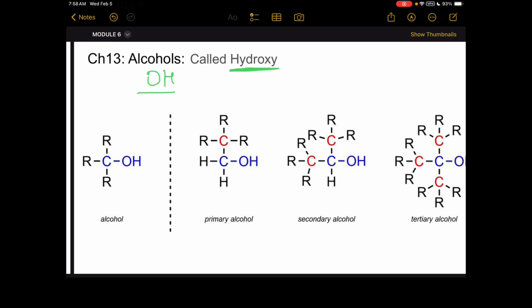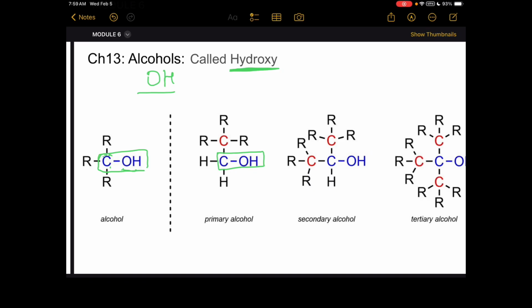So the general structure of an alcohol is a carbon-containing compound attached to OH. That carbon with the OH is the center of the alcohol compound.